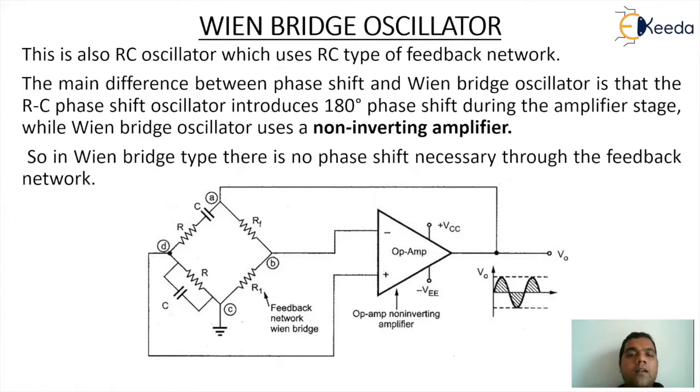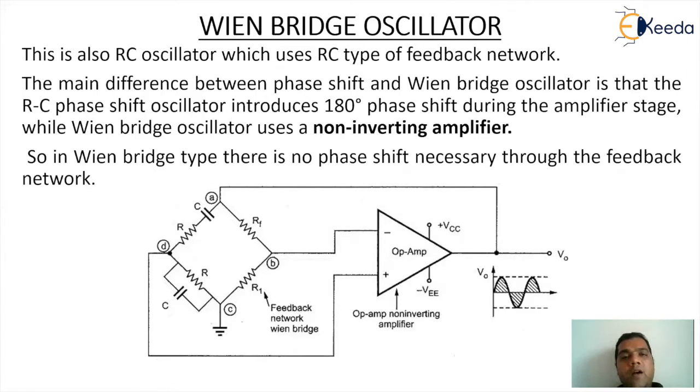Implies the concept of Wien bridge oscillator is applicable to non-inverting amplifiers, those circuits which don't give phase shift from input to output. And hence, even in the feedback path, the Wien bridge network will not give any phase shift from input to output. So that is the reason the overall phase shift for the entire loop will remain 0-degree.